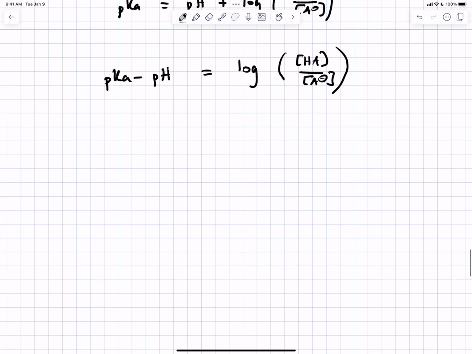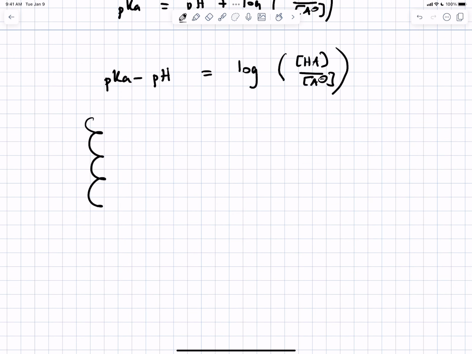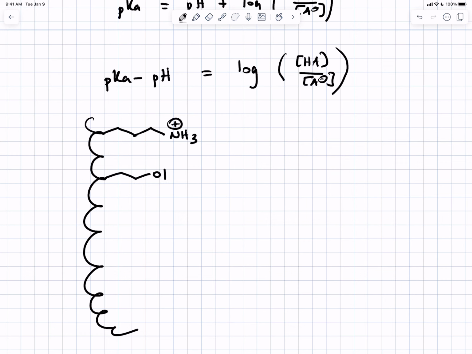Okay, why are we doing this? Behold, a large biomolecule, which is friendly instead of scary. But it has lots of functional groups on it, some of which you've seen before, some of which are in your pKa table.